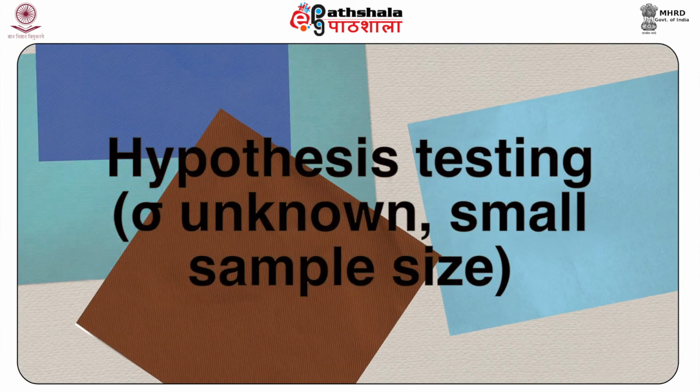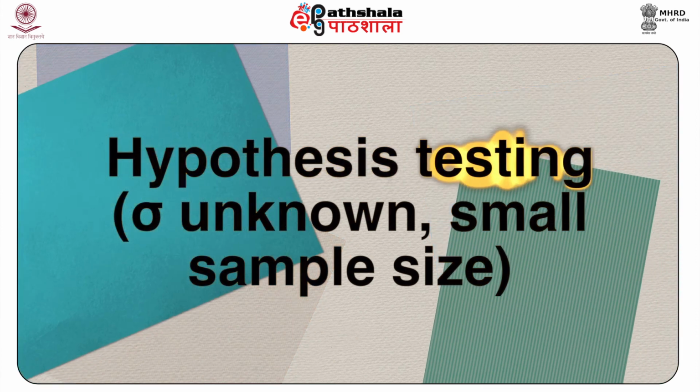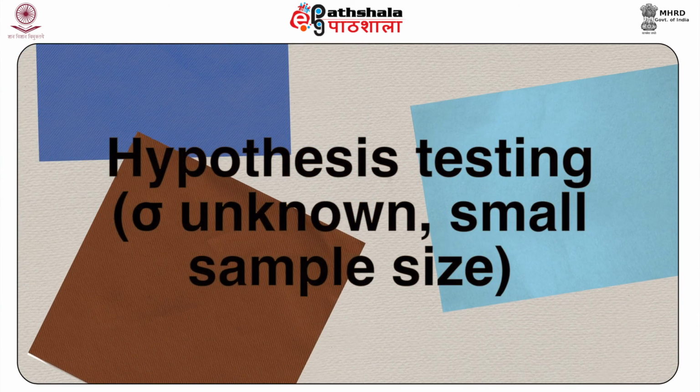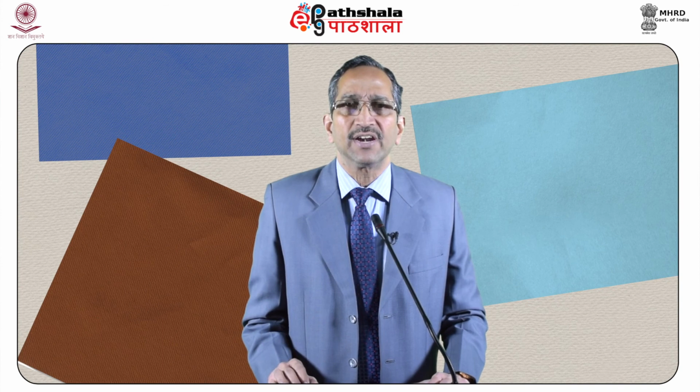Let us now move on and try to understand the application to hypothesis testing for a population mean mu where sigma is unknown and we still have a small sample size. So I hope you understand that earlier we have seen the confidence interval estimation, and now we are discussing the hypothesis testing for a population mean mu.